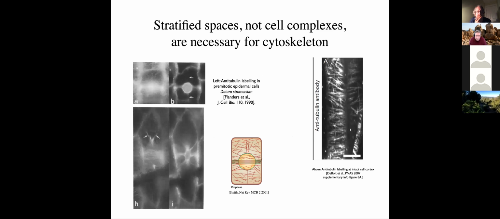Here are some of the dances that microtubules go through in 3 dimensions during plant cell division. And you can see they do not obey the rules of a cell complex. You've got these one-dimensional cables running through 3-dimensional volumes. So if you're going to make a continuum model of that, which maybe you shouldn't, but if you want to, then you need something like a stratified space with differential equations running on all the different strata and agreeing at the boundaries.